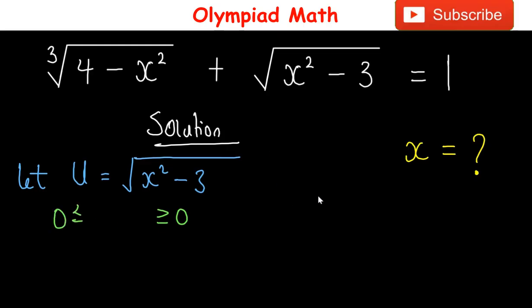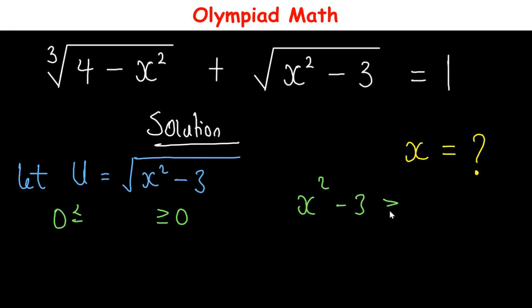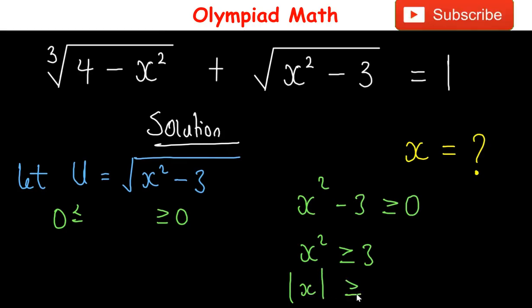So from this, the value of x squared minus 3 should be greater than or equal to 0, such that x squared will be greater than or equal to 3. And with this, the absolute value of x will be greater than or equal to the square root of 3. Okay, so with this condition gotten, let's now solve.